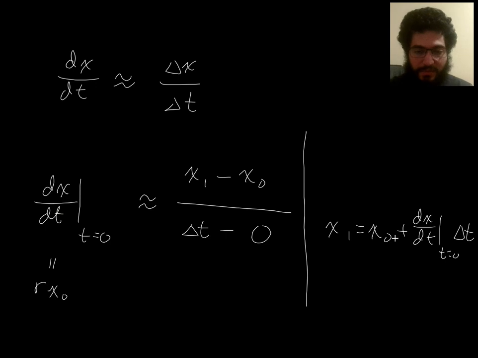And this equal sign should be wiggly. So this is like a first order Taylor approximation, right? This is where the idea of a first order Taylor approximation kind of comes from. It's saying the new x is the old x plus the rate at which x is changing times the amount of change, right? So new x is the old x plus the expected change in x, the approximate change in x.